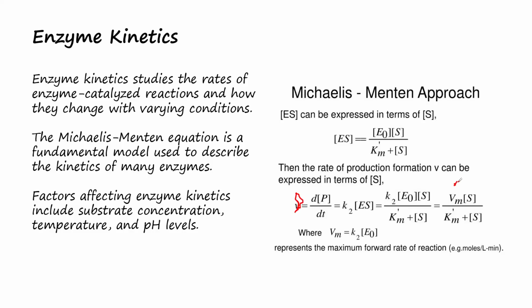So this is the Michaelis-Menten equation: V equals Vm times substrate concentration divided by Km plus the substrate concentration. The Vm here stands for the Vmax, that is maximum velocity. The S here in the concentration bracket is called substrate concentration. Km is a kinetic parameter.